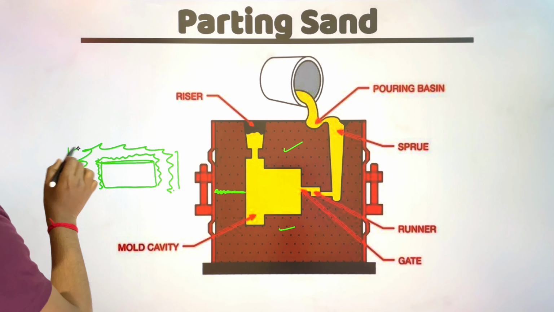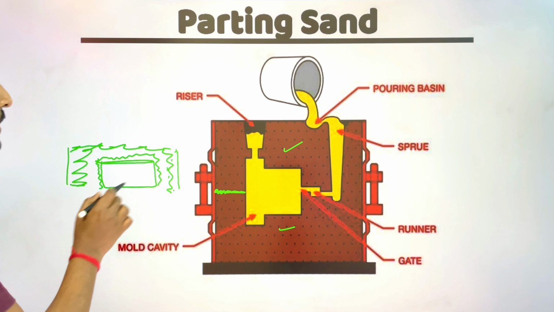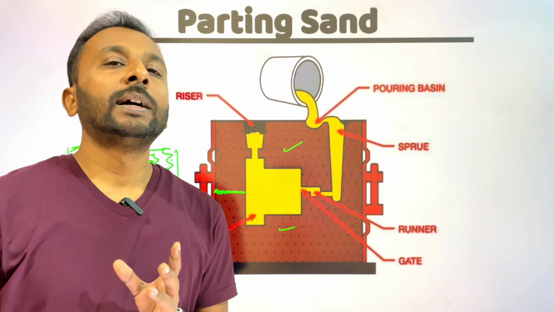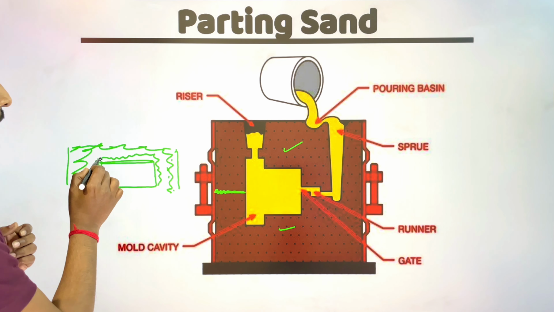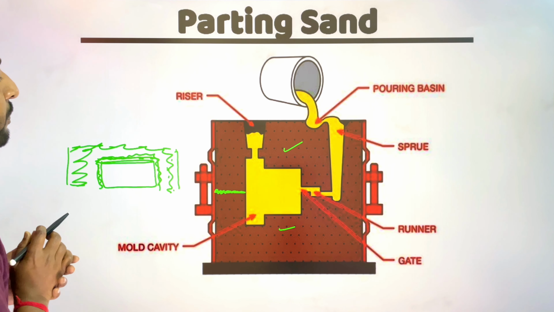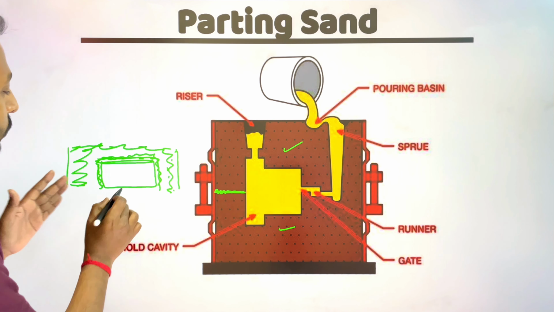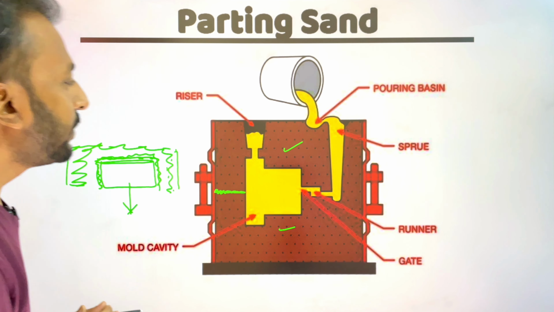So molding sand has some additives, so that additives can stick with the pattern and the pattern removal can be difficult. So the parting sand is used on the surface of the pattern, so the parting sand sticks with the molding sand and we can easily remove the pattern from the mold cavity.